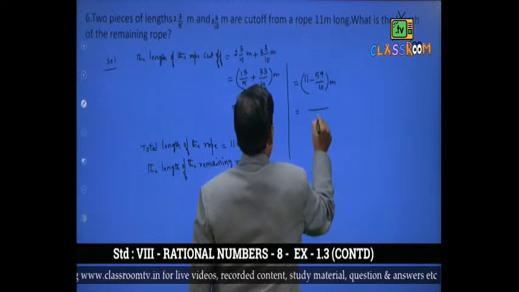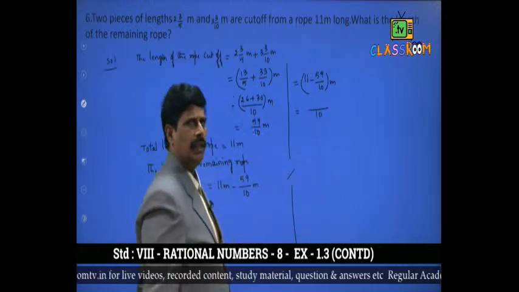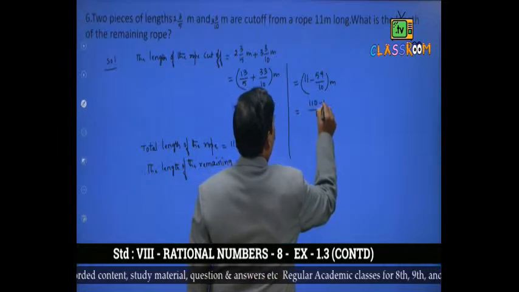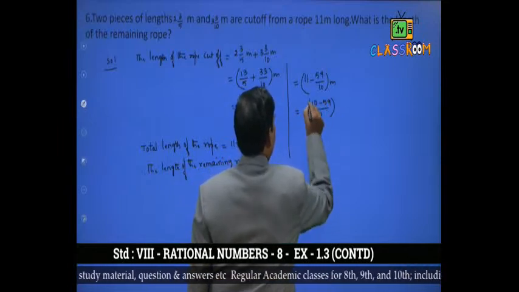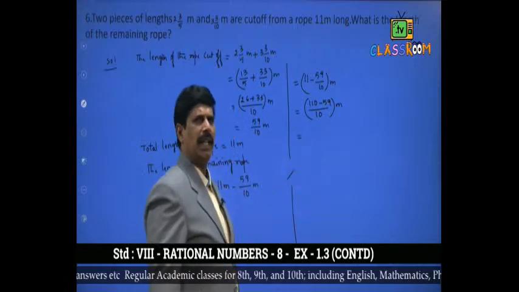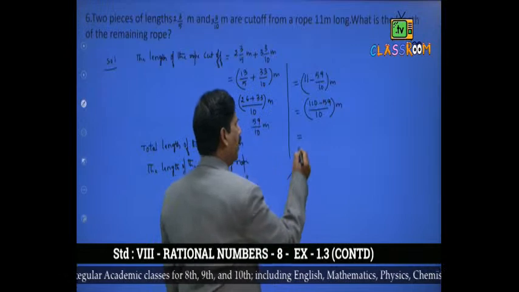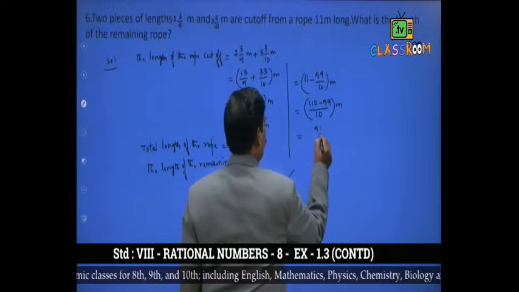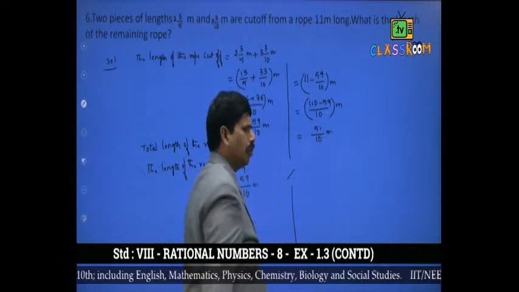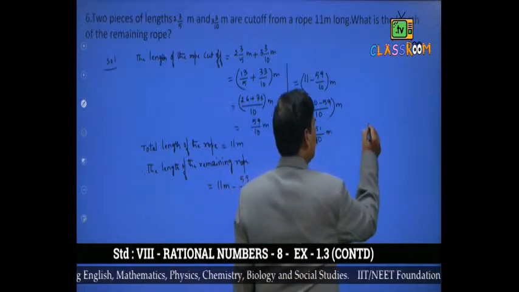So the LCM is 10 here. So 11 into 10, 110 minus 59 meters. So 110 minus 59, that is 51 by 10 meters. So you just do the division.